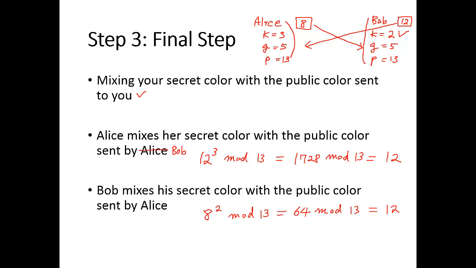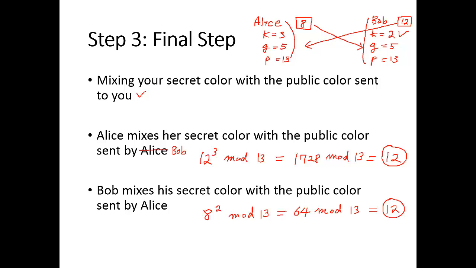So as you can see, the end result is you successfully exchanged the secret color, which is number 12, for both sides. So now they know their secret number is number 12, but they never really exchanged number 12 as a secret key.